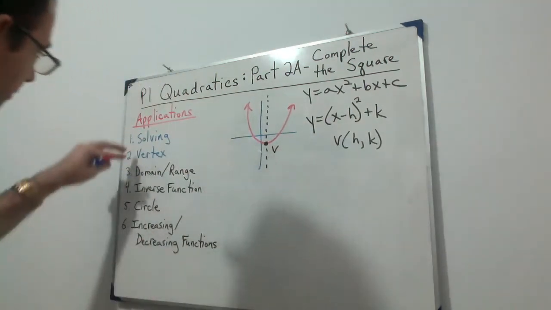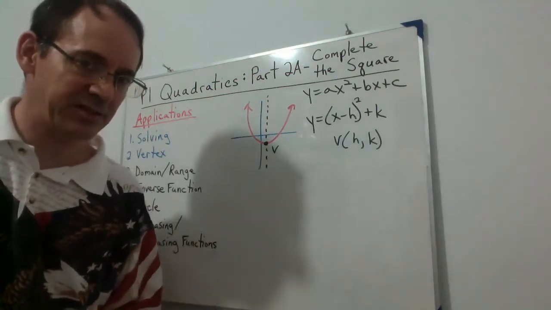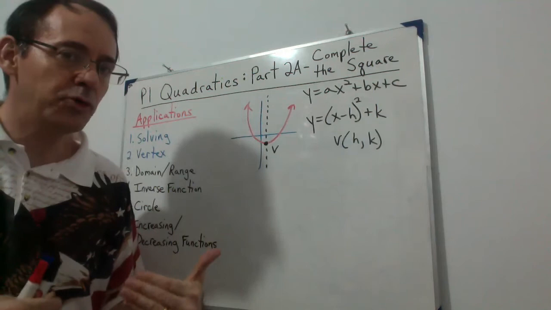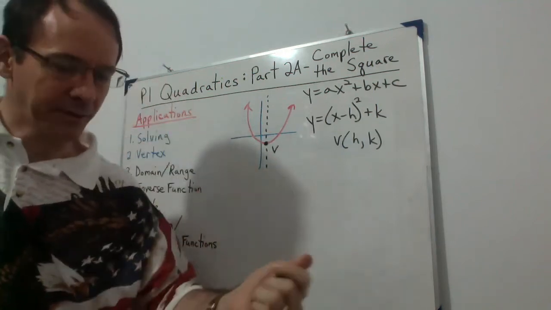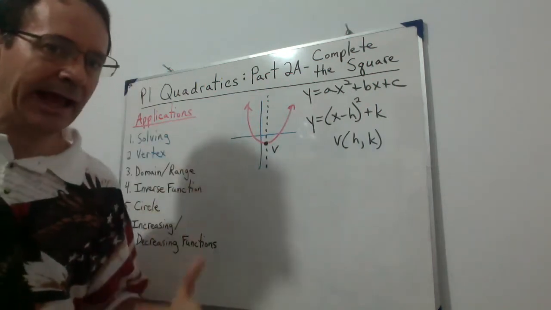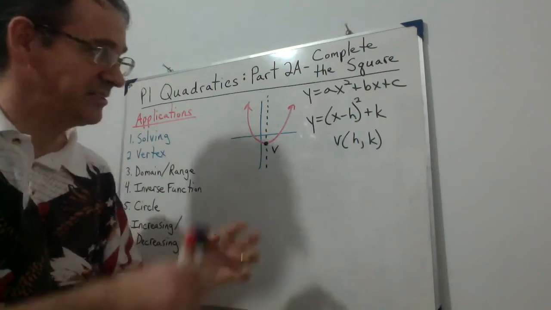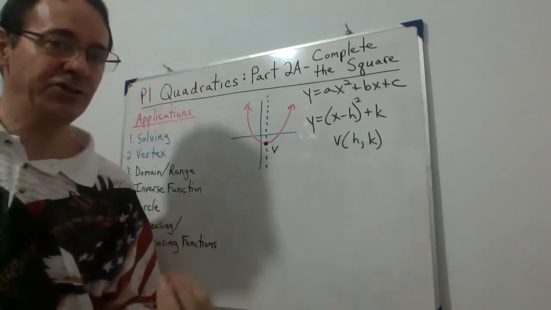Now, those are the things you should have already been exposed to in the IGCSE material. As we move forward into the Pure 1 math material, you're going to have to do completing the square as a skill. That means you're just doing it, not applying it, in the quadratics unit.